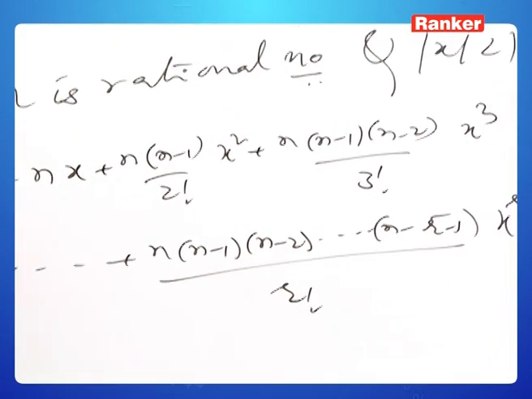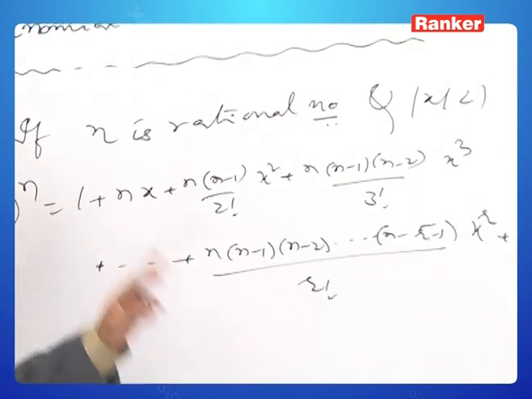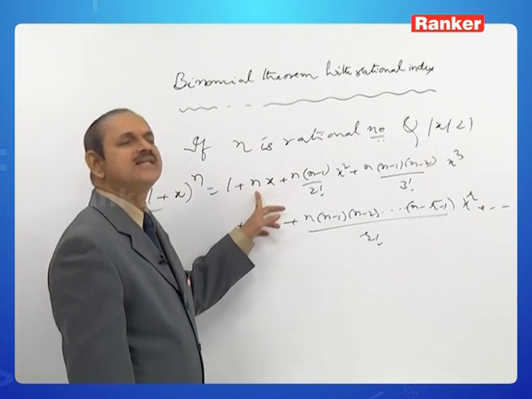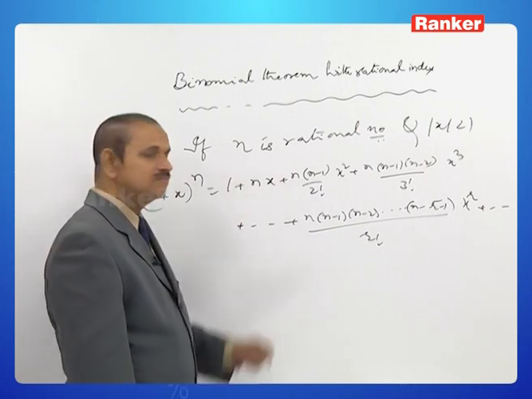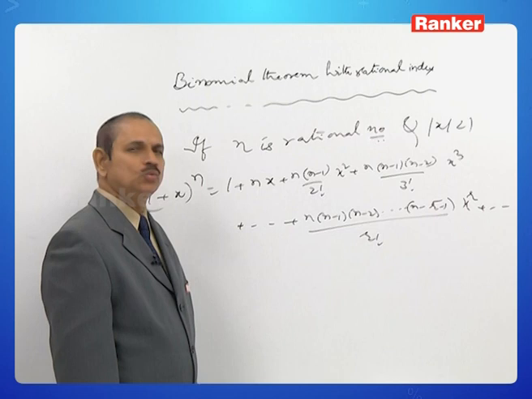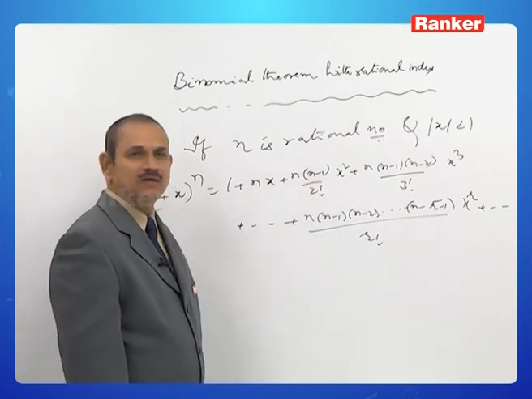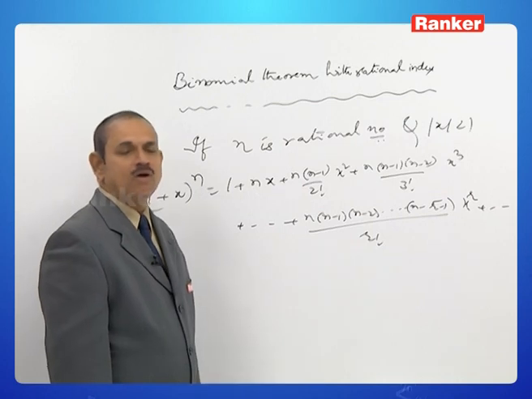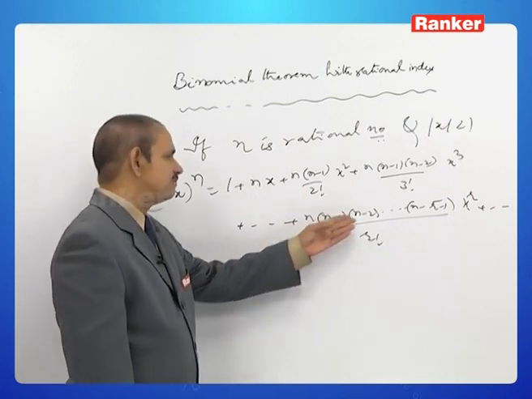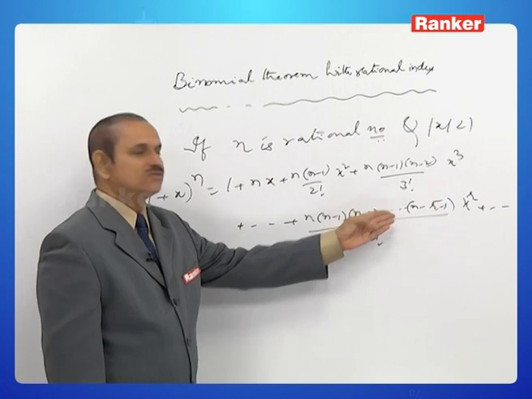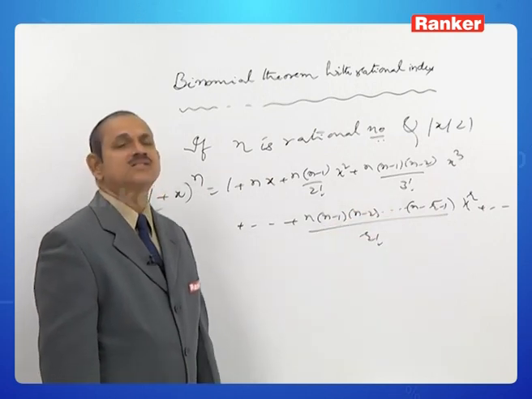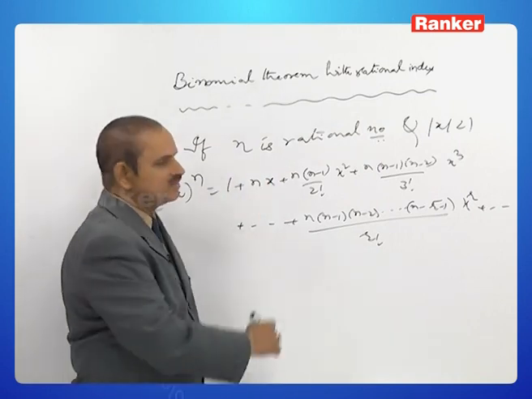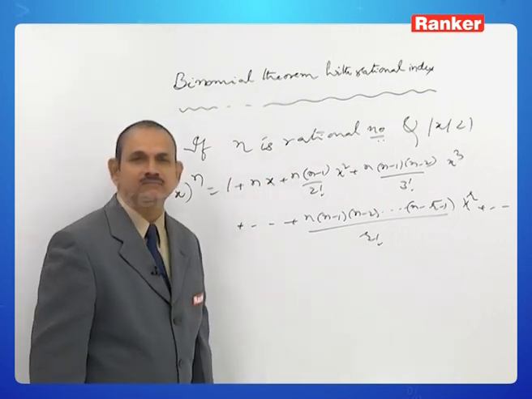My dear friend, you might have observed one thing. If n is a natural number, what is nC1? n. What is nC2? n(n - 1)/2!. What is nC3? n(n - 1)(n - 2)/3!. What is nCr? n(n - 1)(n - 2)...(n - (r - 1))/r!. We are not using the symbol, but we are using the same expression.